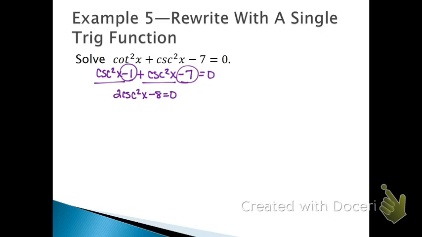Let's just get cosecant squared by itself. I mean, you could change it to u if you want to, but I think y'all can handle this one. So we got 2 cosecant squared of x equals 8, because we added it. And then when we divide by 2, we get cosecant squared of x equals 4.